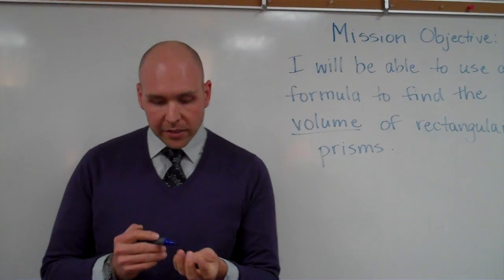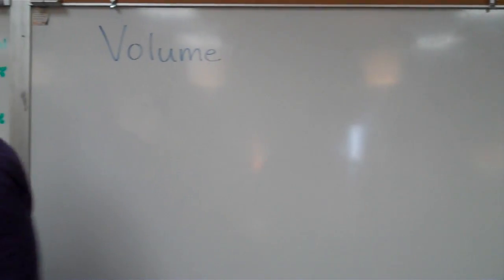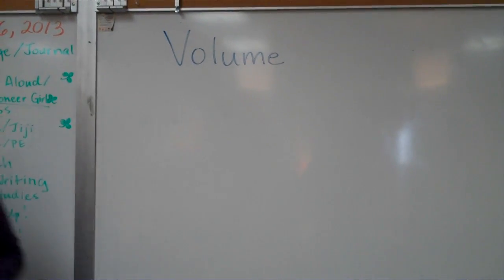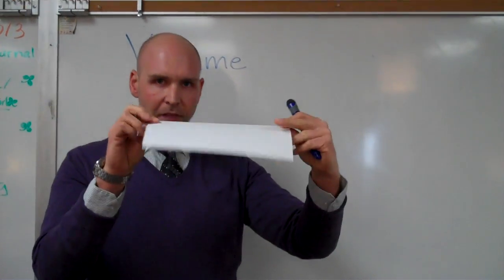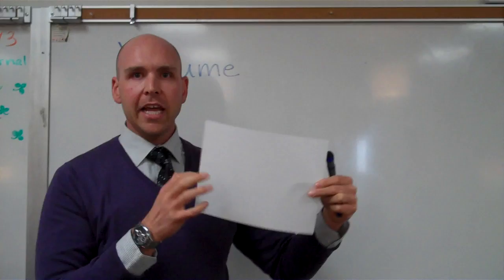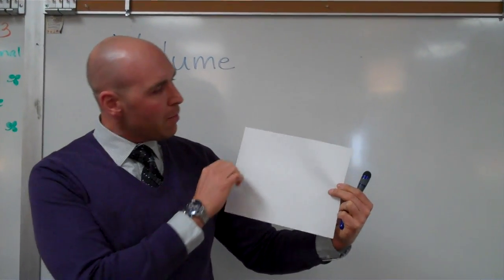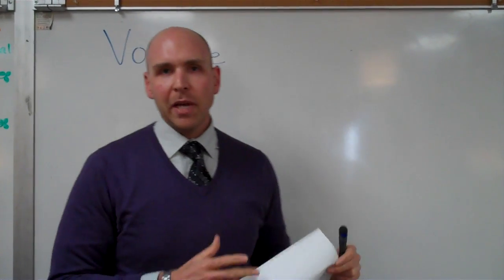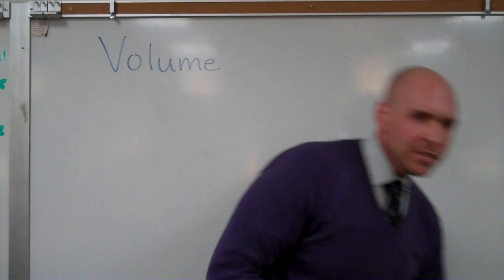Okay, before we start today, what is volume? Well, we've done surface area. This is basically a rectangle. It's flat. I can measure the sides and I can find the surface area. For example, this is 8.5 by 11 and I could find the surface area of this piece of paper. But volume's different.